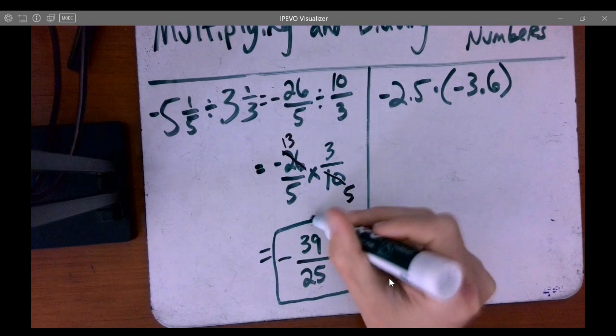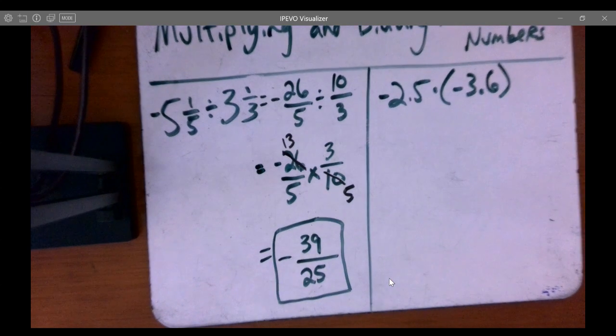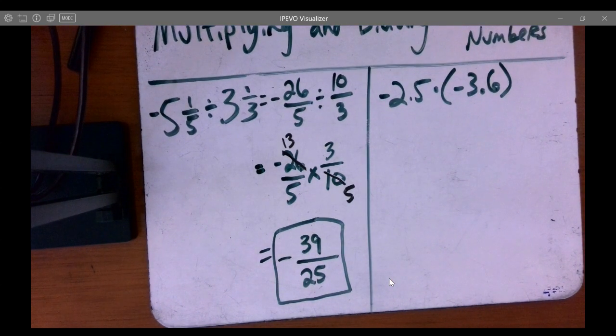So our final answer would be -39/25. And you're welcome to change it into a mixed number, but it's unnecessary. It's okay to just leave it as an improper fraction. It has the correct value that our answer should have. So there's no reason to do more work than what we've already done.